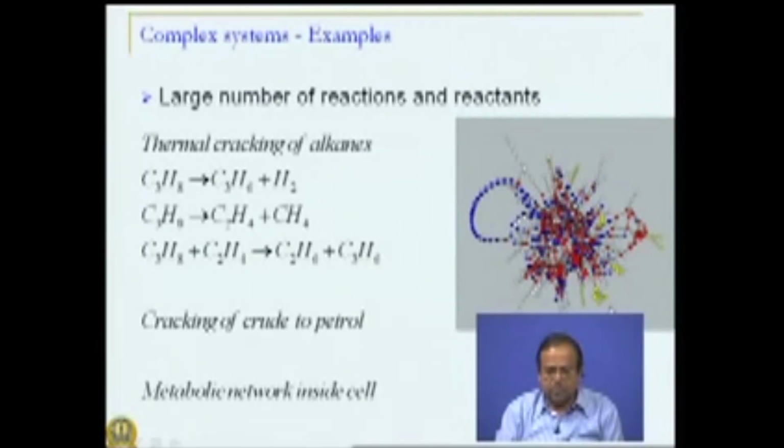So, the circles that you see are the species, different colored circles denoting different kinds of species, proteins, polysaccharides, fats and so on, and the lines which connect these circles actually represent the reactions. So, there is a huge number of reactions, thousands.